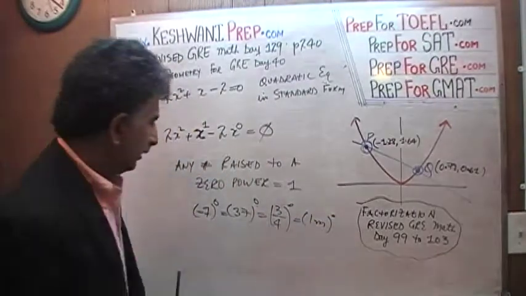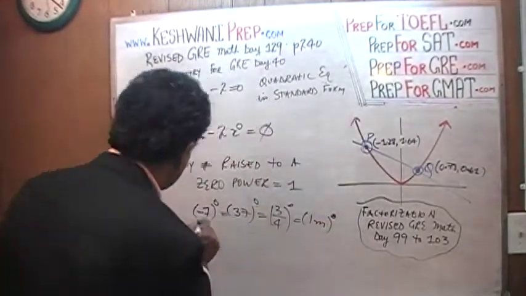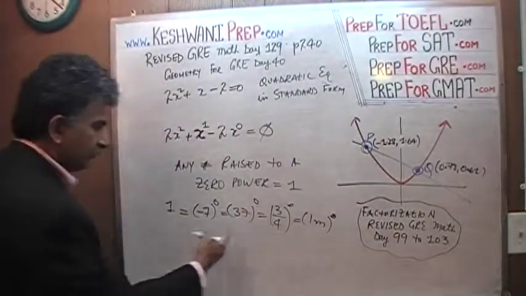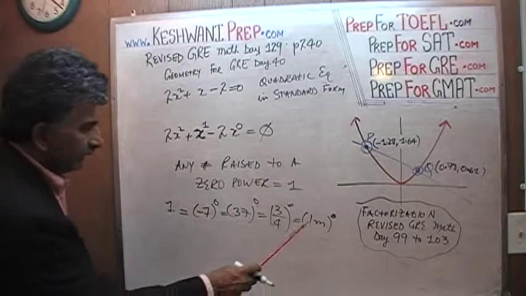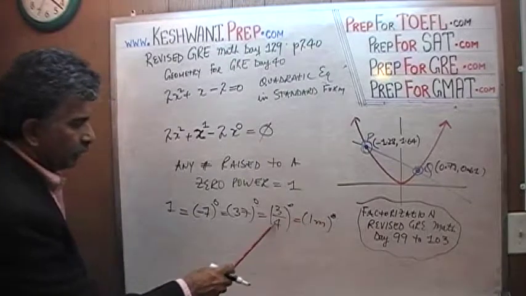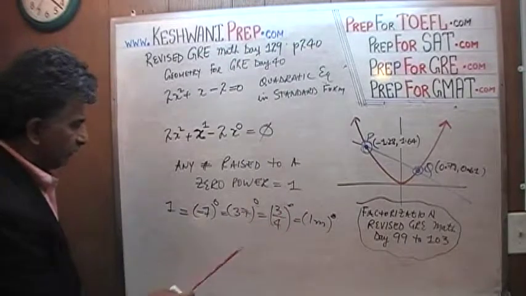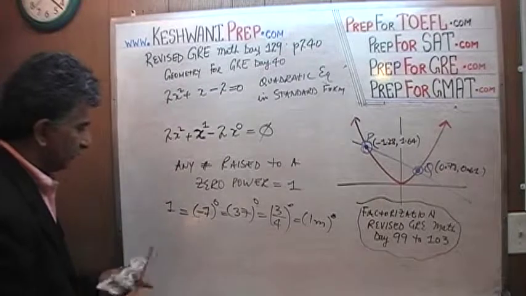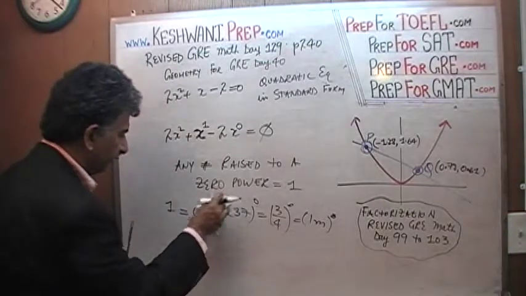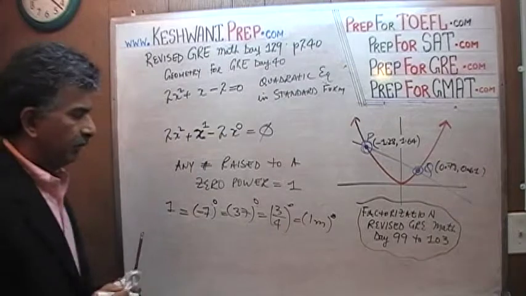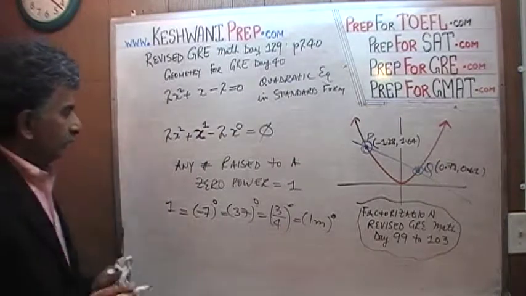Any number raised to 0 equals 1. That's a 0, not a 6. So that's what that is.